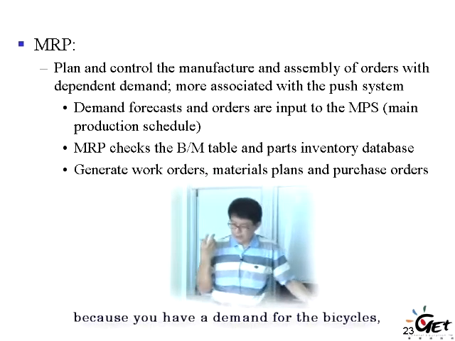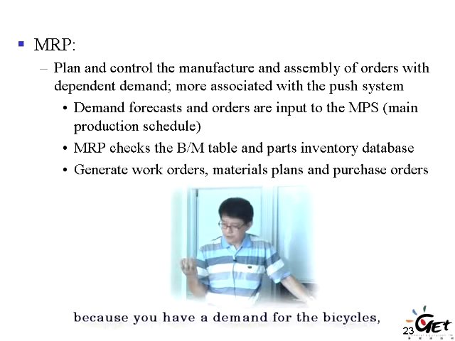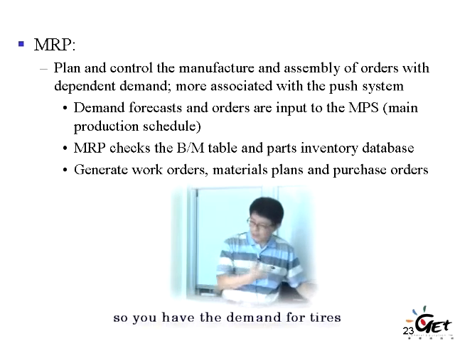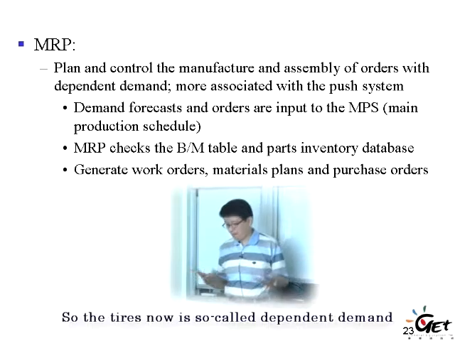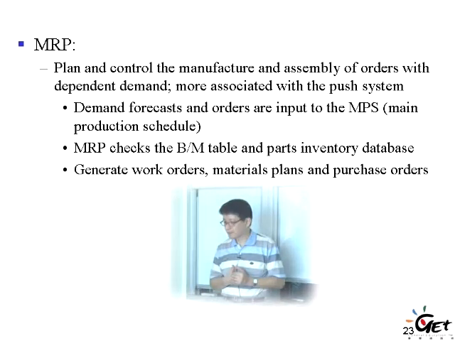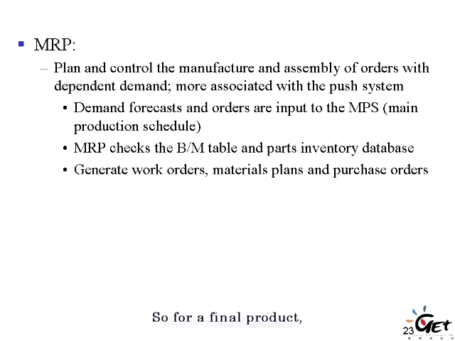Because you have the demand for the bicycles, so you will have the demand for the tires. Okay, so the tires now are a so-called dependent demand. So for final products, the components that make up the product will belong to this kind of demand, the so-called dependent demand.